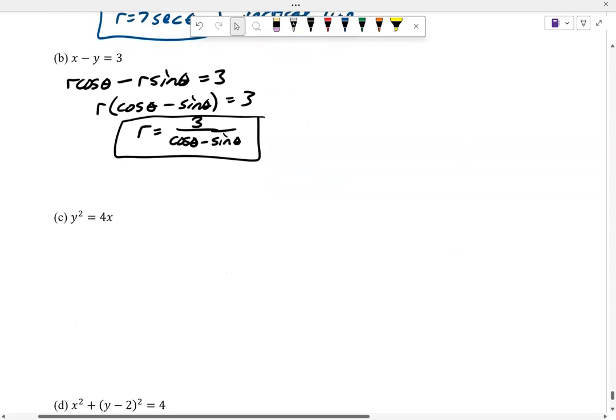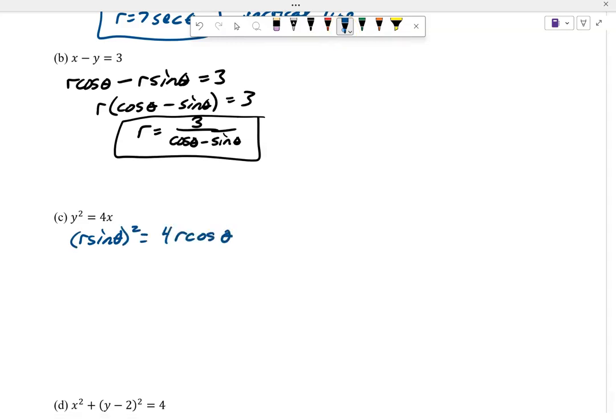We've got y squared. y is r sine theta. x is r cosine theta. So we've got r squared sine squared theta equals 4r cosine theta. Go ahead and get rid of the r there. So we've got r sine squared equals 4 cosine.